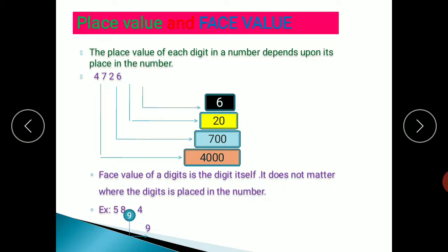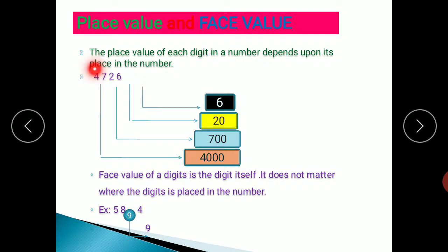Let us see, 6 is in the ones place. The place value of 6 is 6 ones. Next, the place value of 2 is 2 into tens, 2 into 10 is equal to 20. The place value of 7 is in the 100 place, that is 7 into 100 is equal to 700.